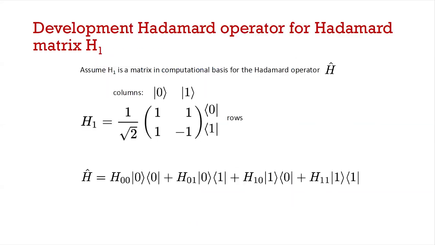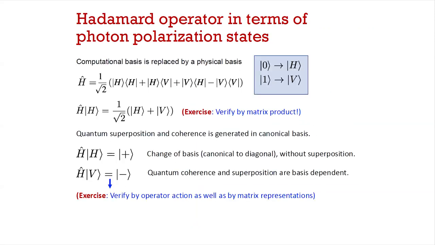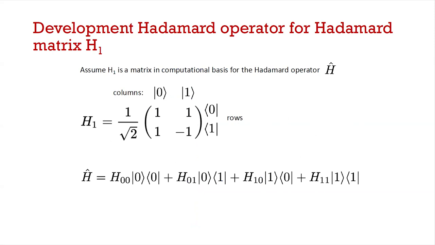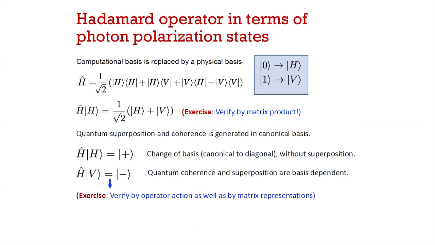And this is the simplest Hadamard transformation that we can do. To do this in the photonic case, we convert the computational basis to the canonical basis, H and V, and write the Hadamard gate in canonical representation. You can, of course, do this exercise by mind. You don't need pen and paper.